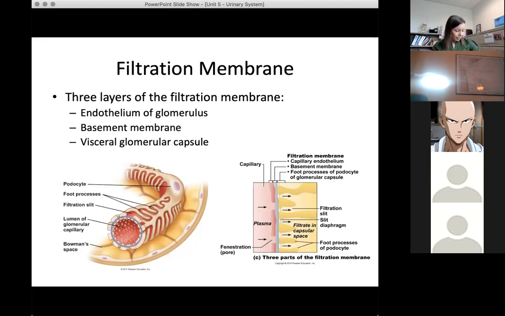So everything except large, negatively charged proteins can get across this second layer.